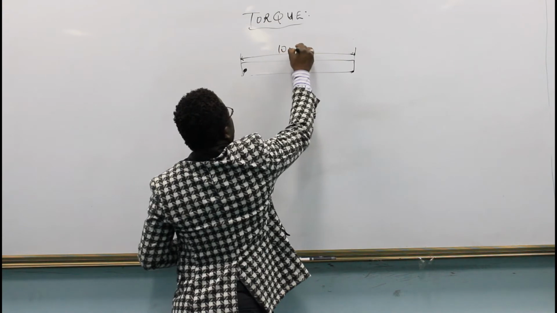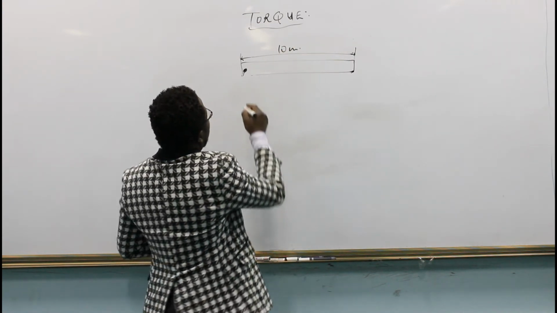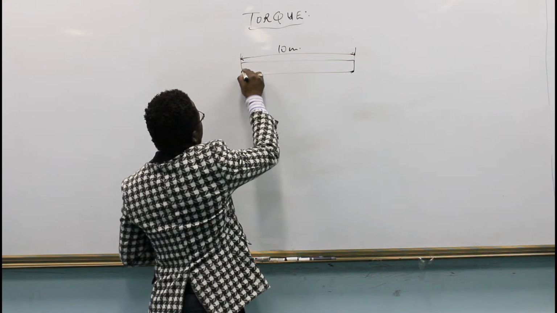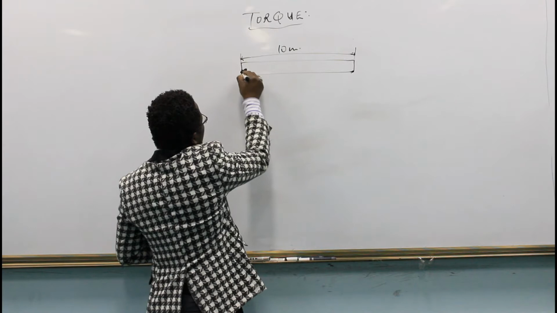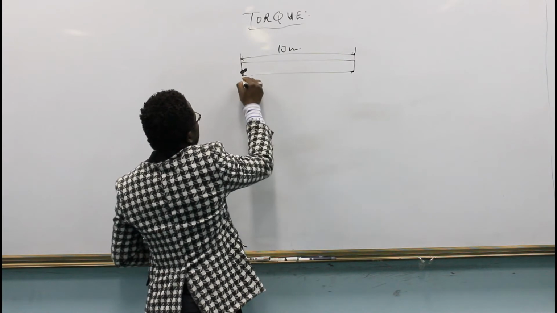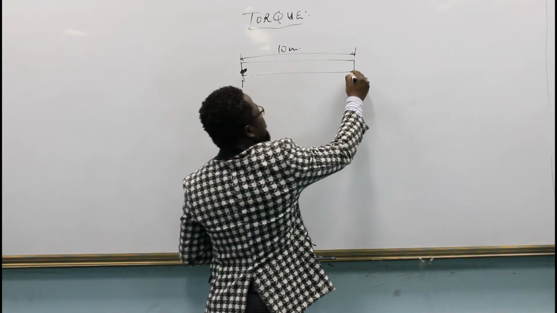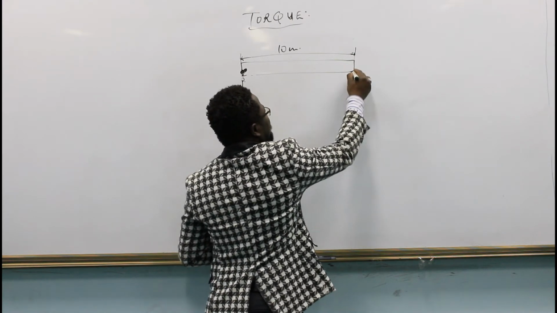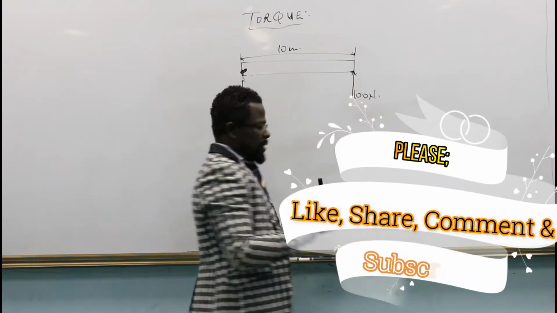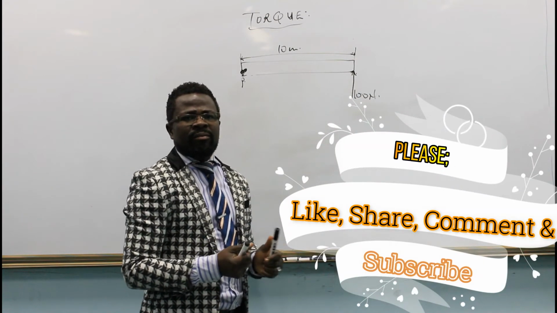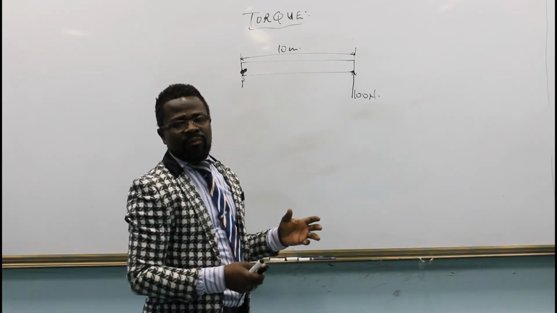There is a fixed point here, just at the edge of the beam, and that is the point P. We have a perpendicular force applied at this point, and let's assume that force is 100 newtons. Now we need to find the torque.